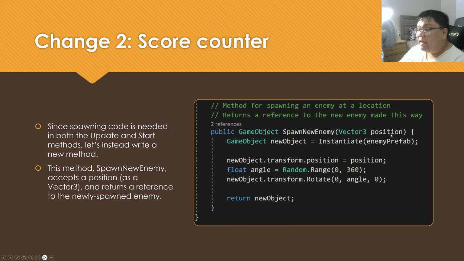Apart from the fact that we are going to rename a few variables, we are just going to instantiate a new enemy game object. We are going to place it somewhere in the world. We are going to rotate it a random angle, so it's going to go off in some random direction. And then we are going to return that new game object.